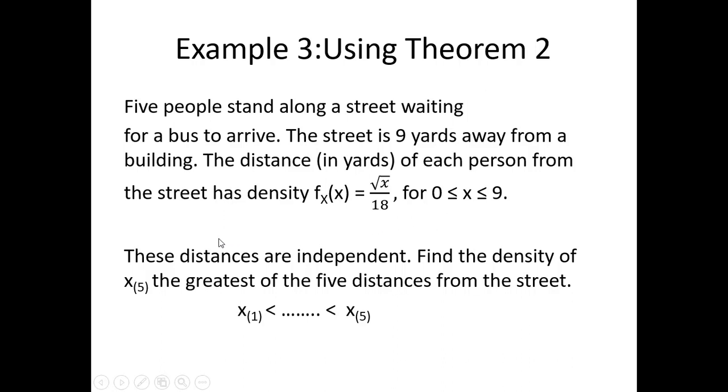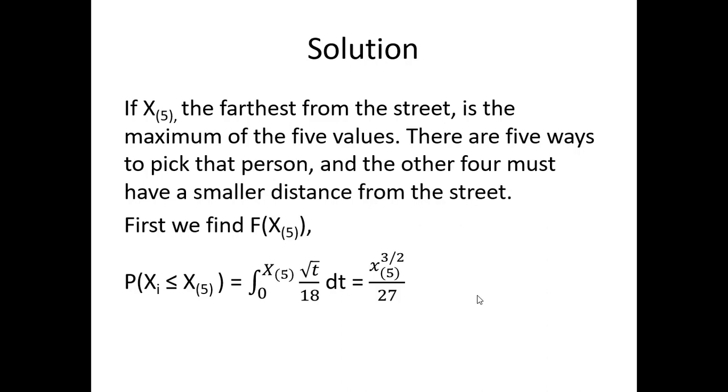All right, we assume these distances are independent, so we want to find the density of x5, the greatest of the 5 distances from the street.